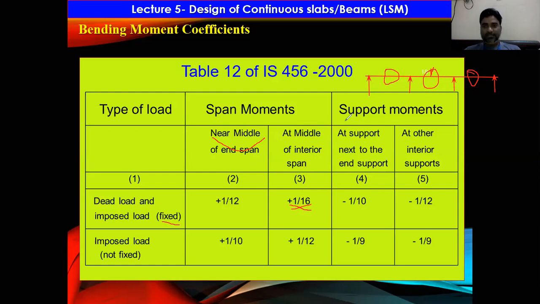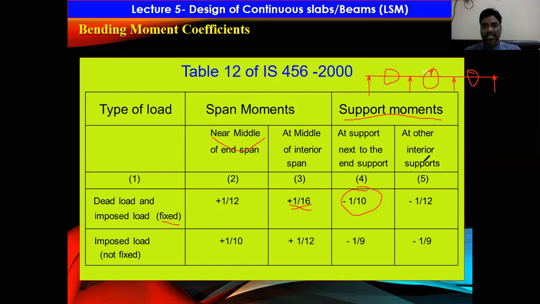And similarly, come to the support moments. So at support next to the end support, suppose you consider this one, right? This value will give the bending moment at support next to the end support.